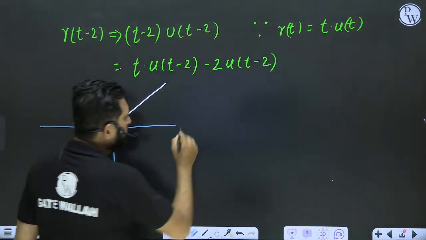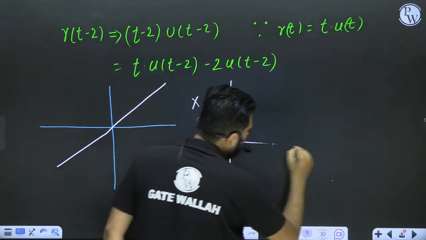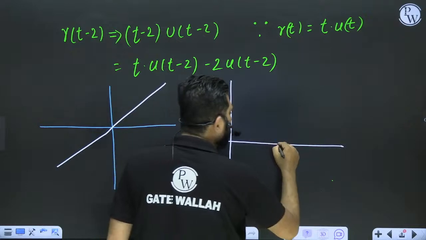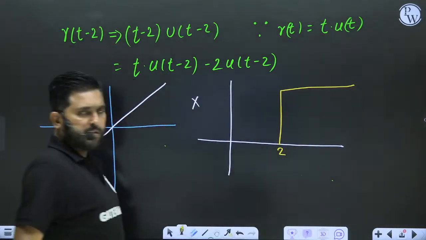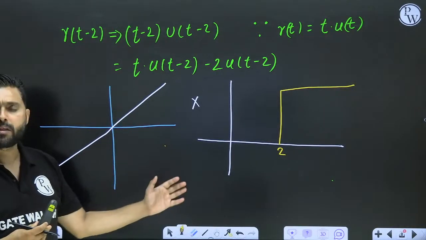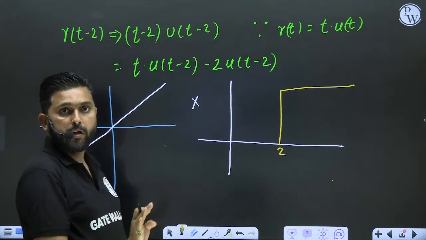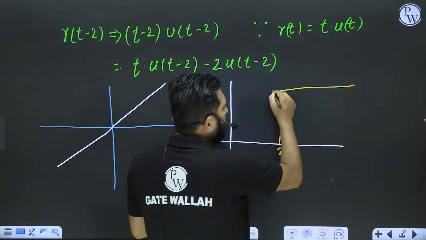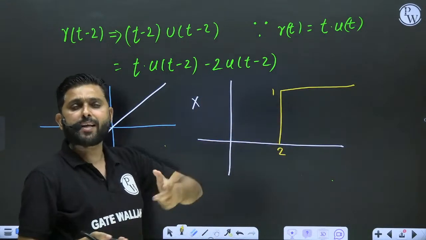And when it is multiplied with a function which is u(t minus 2), then u(t minus 2) looks like this. So what will happen when you multiply both these functions? See here, before 2 everything is 0, 0 multiplied by something is 0 only. But at 2 what will happen? This is a jump. This is a jump of 1. So this jump when multiplied by this function, you will get the same function back.